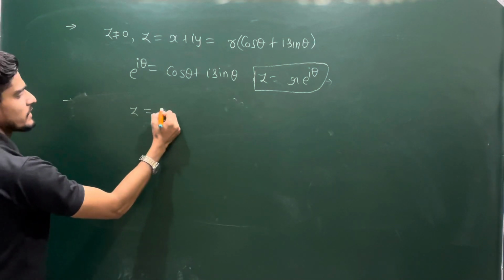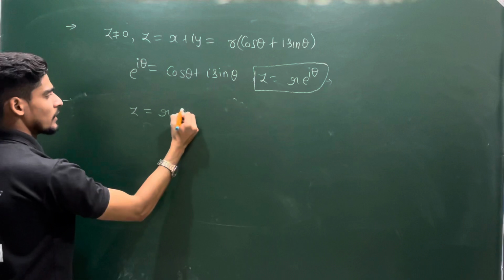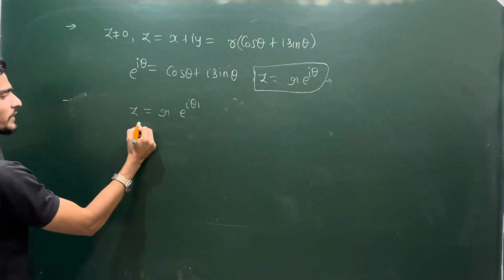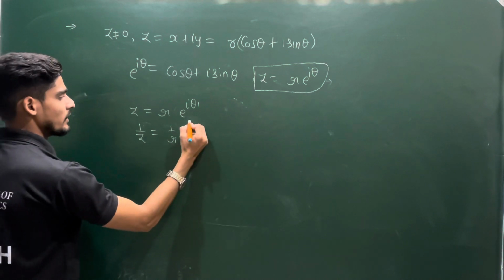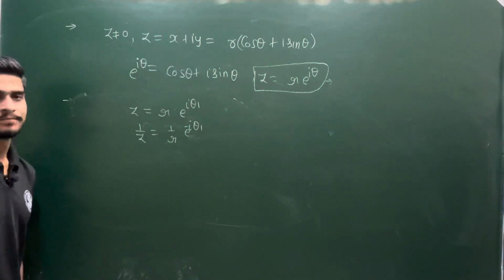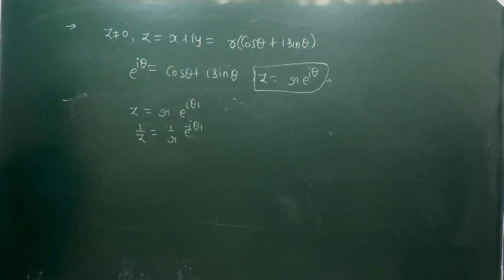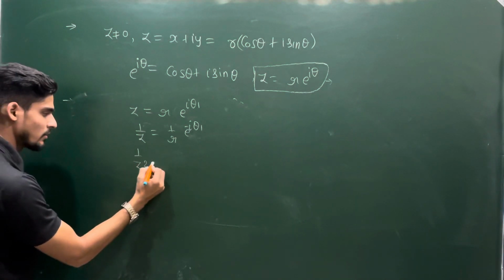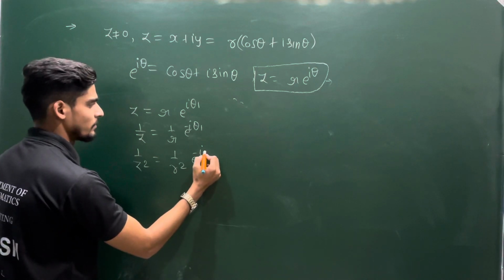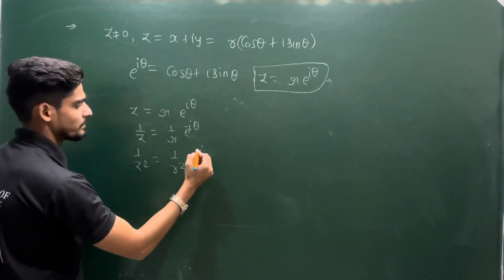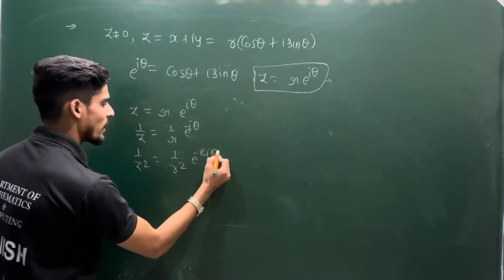Suppose your z is r e power iota theta. Then what will be your 1 upon z? It will be 1 upon r e power minus iota theta. What will be your 1 upon z square? It will be 1 upon r square e power minus 2 iota theta.